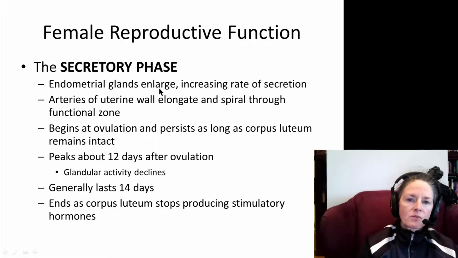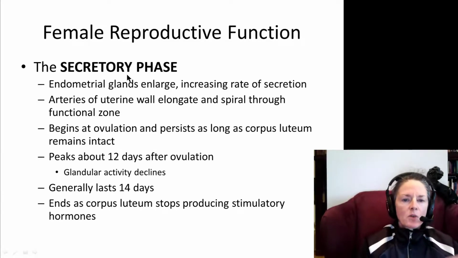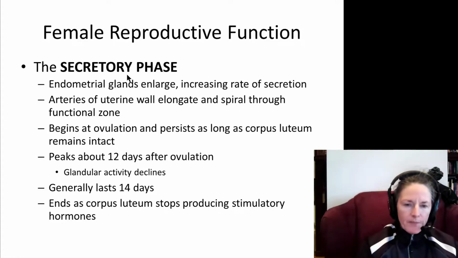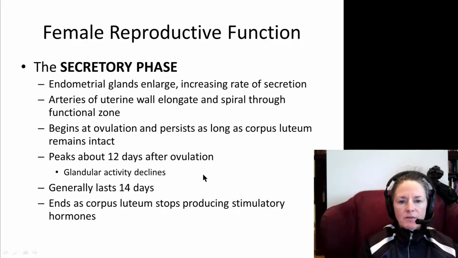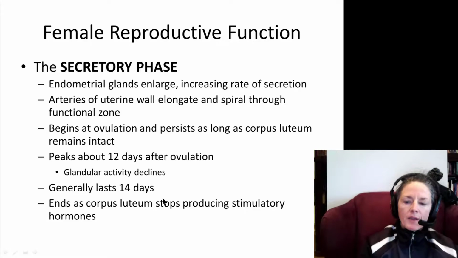And the whole thing that's really supporting the secretory phase is progesterone. So progestins are going to be the thing that's going to promote the secretory phase. And it lasts about 14 days, typically in a 28-day cycle. And then when the corpus luteum stops producing progestins, then the secretory phase will stop, and then menses will occur.